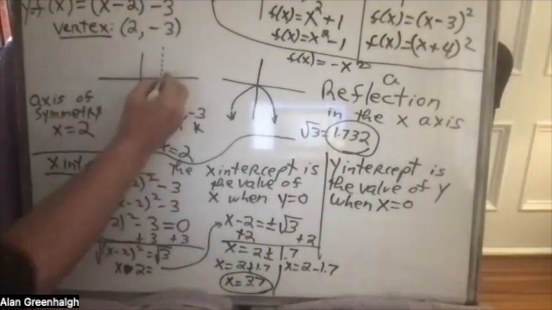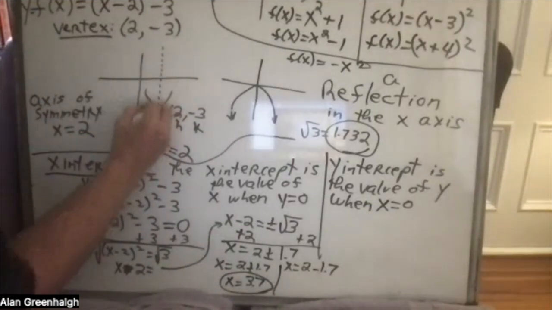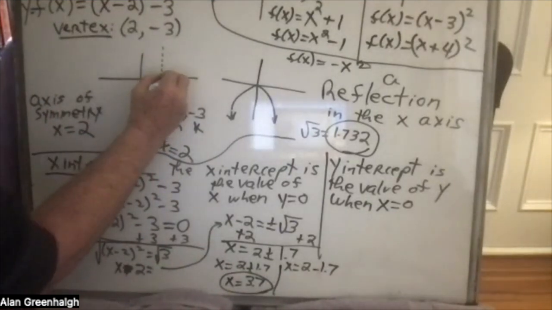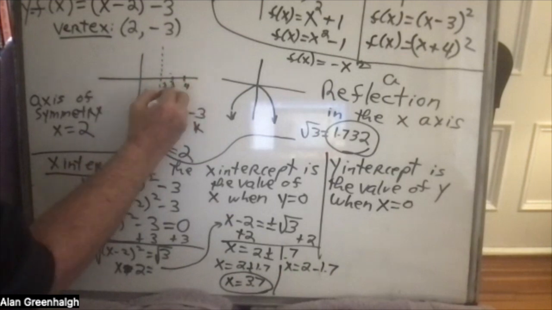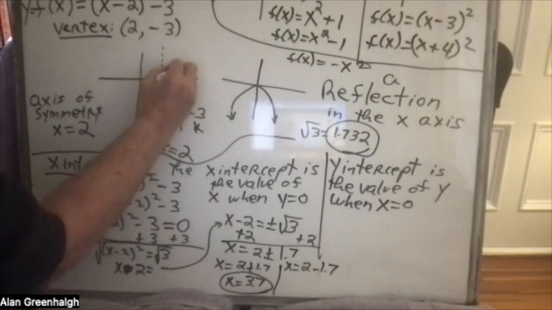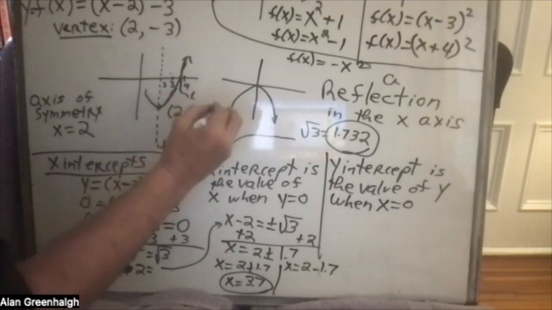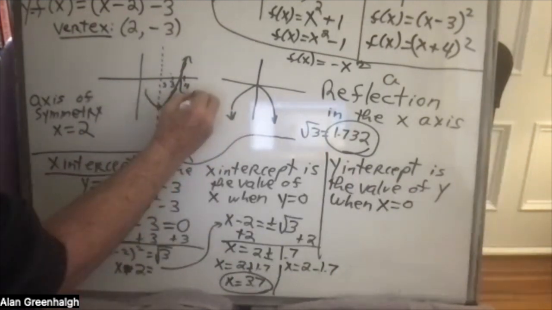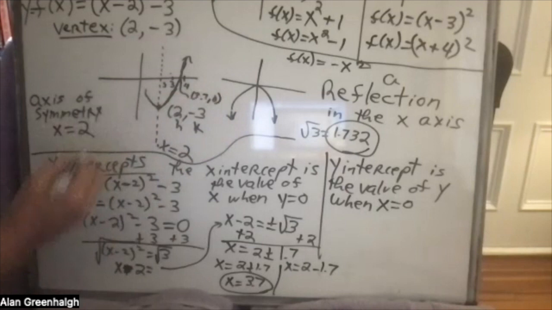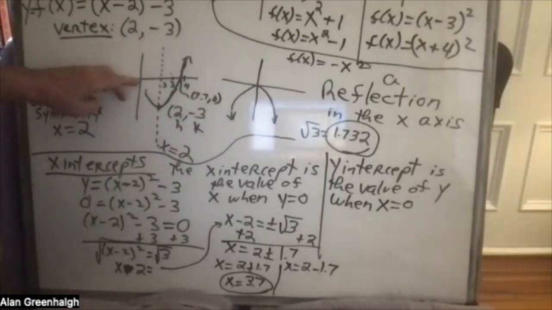So we know that if this is 2 and this is 3 and this is 4, the graph is going to go through the point over here, 3.7. Now, what happens over here? That's interesting, right?